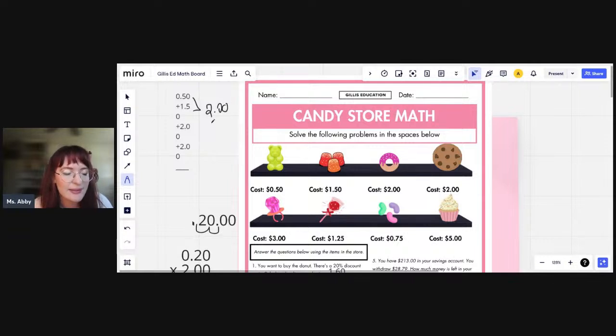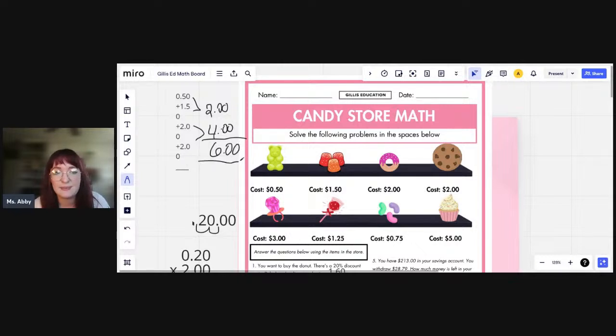And then when you add the last two, that's going to be $4. So now all we have to do is add together these two numbers, and we get $6 for the top row.